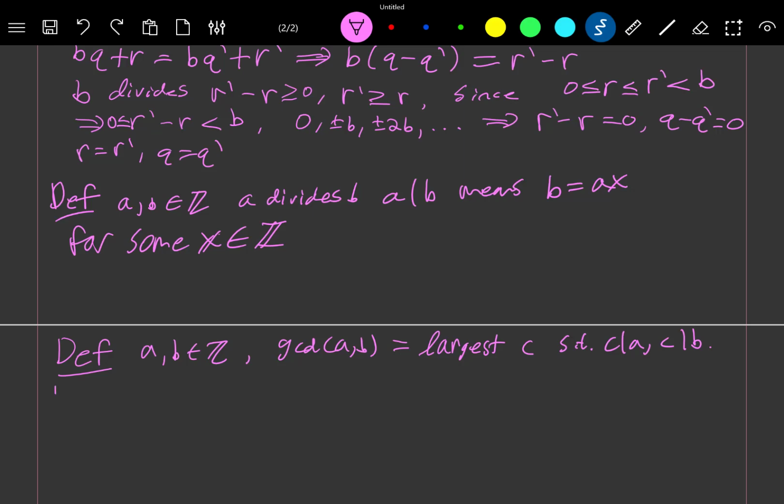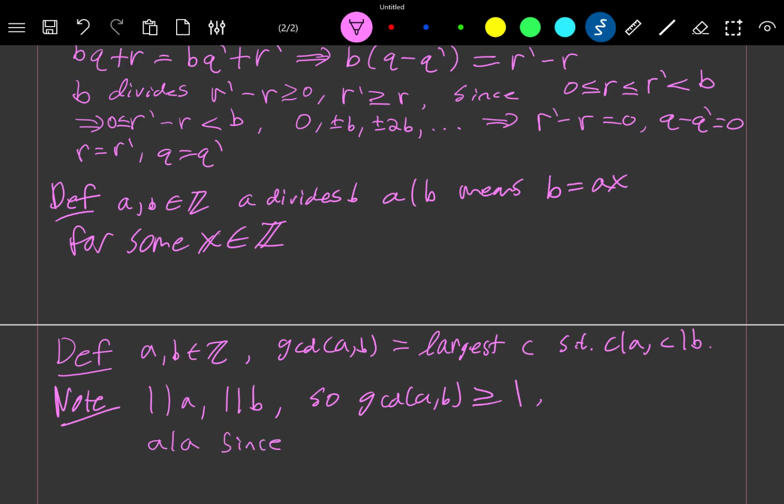Well, we always know one divides A and one always divides B. So the greatest common divisor is always greater than or equal to 1. So it's always going to be positive. Also, we know that if you look, A divides A, since A is equal to A times 1.